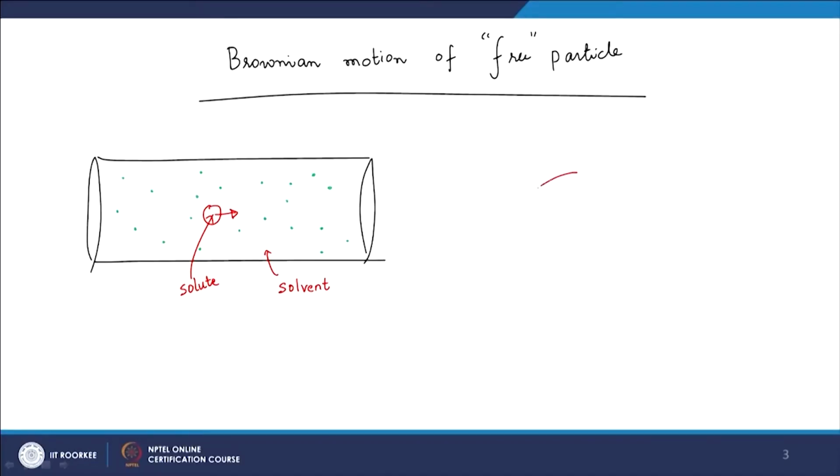So if I really zoom in there, what I would see is we have this solute particle surrounded by solvent molecules which are bumping into it. Of course, not all of them, they are bumping into it, and because of this bumping, it is getting some thermal motion or fluctuation in its motion.